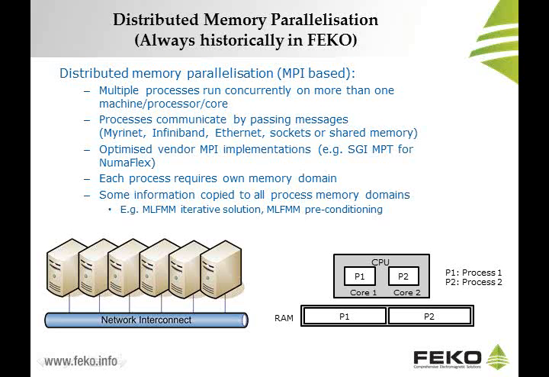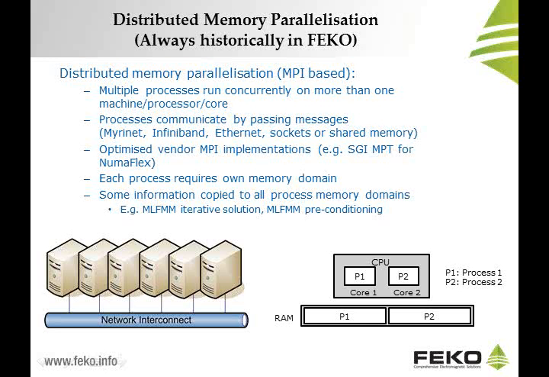For the MLFMM in particular, which is also typically used by our customers in these large parallel environments, there is a kind of a compromise between communication and keeping certain data local, and we have implemented a specific strategy to keep certain arrays related to the transfer functions in the MLFMM local, and this is why you see later in examples that the memory does not scale ideally.